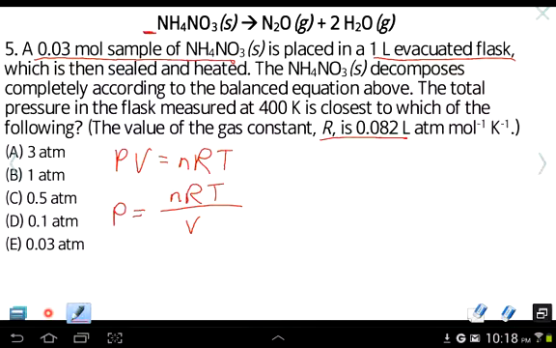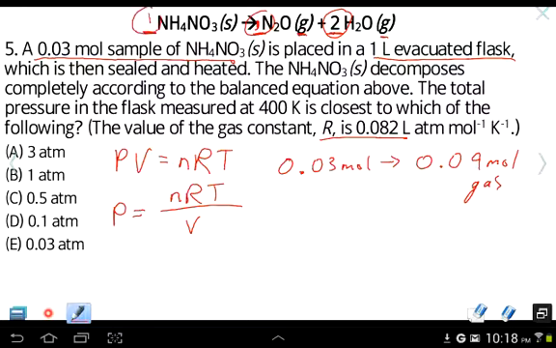Notice that you get 2 moles here and 1 more mole here, so 3 moles of gas from 1 mole of reactant. So in essence our 0.03 moles becomes 0.09 moles of gas. That's just from the balanced equation, because we have 3 moles to 1 mole of our reactant.